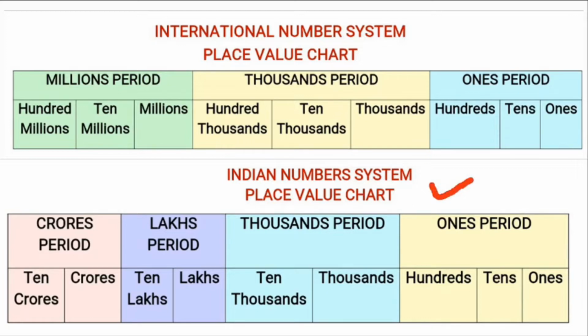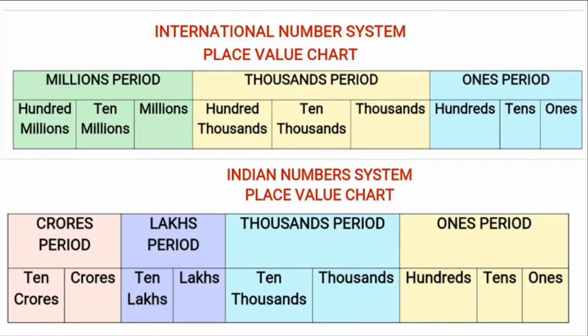Upper one is international number system and below is Indian number system. So, in ones period, international number system has ones, tens and 100. In the same way, in Indian number system, it has 3 places, ones, tens and hundreds.